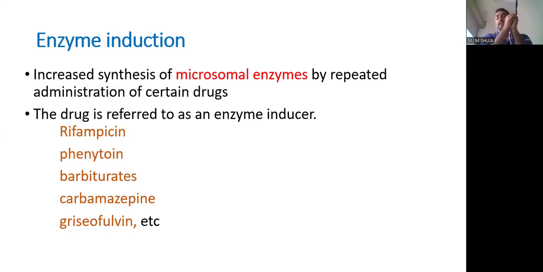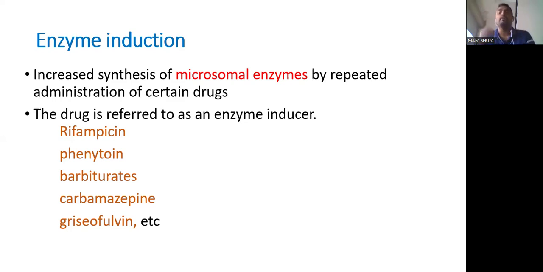It will increase the metabolism of the certain drug which they are assigned for. When metabolism is increased, what happens? The concentration in your body is reduced for that particular drug. When the concentration is reduced, the effect we are expecting from taking the drug is no more.